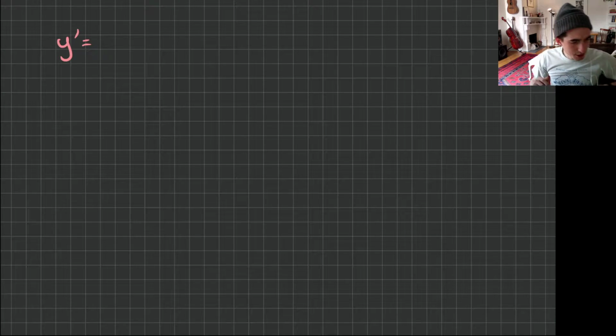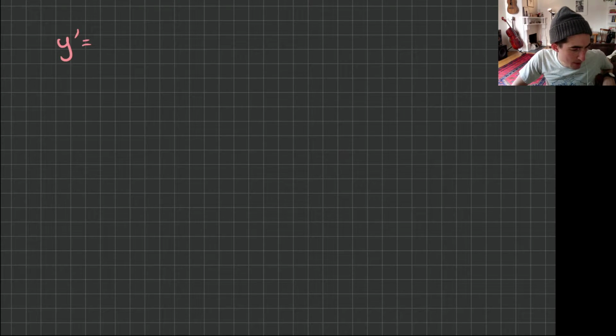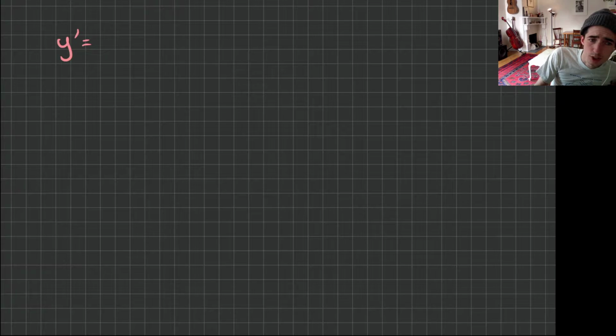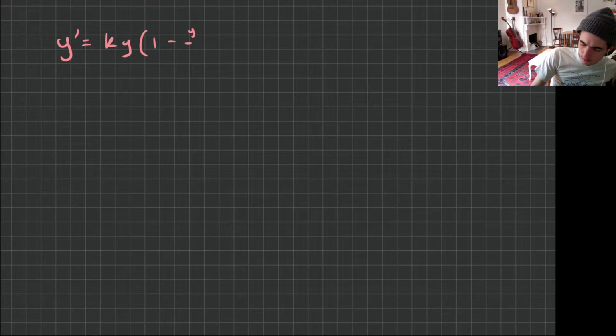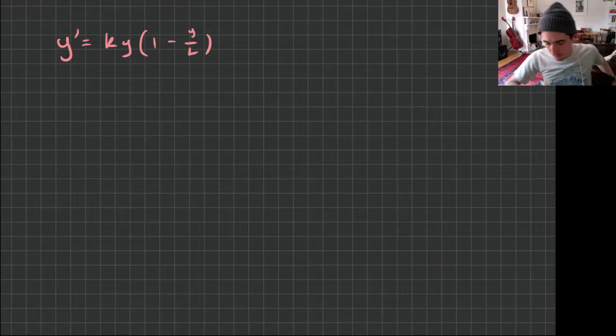Yeah, so I want to just talk a little bit about these two formulas. The one that I showed you is this one here. So y prime is equal to k times y, and then we had this little factor out here where we had 1 minus y over L. That was the first version of the formula, and really the only version that we looked at.